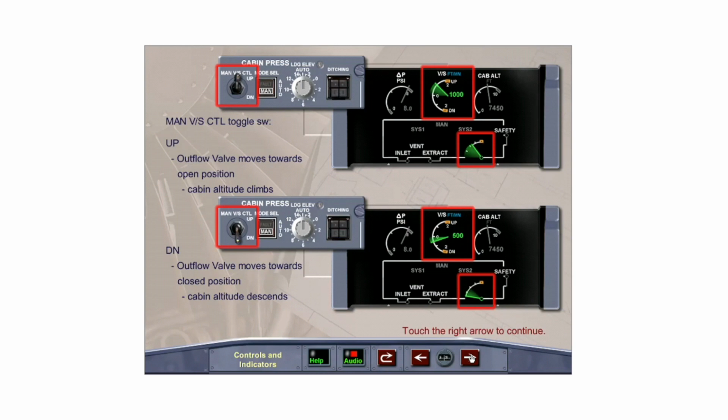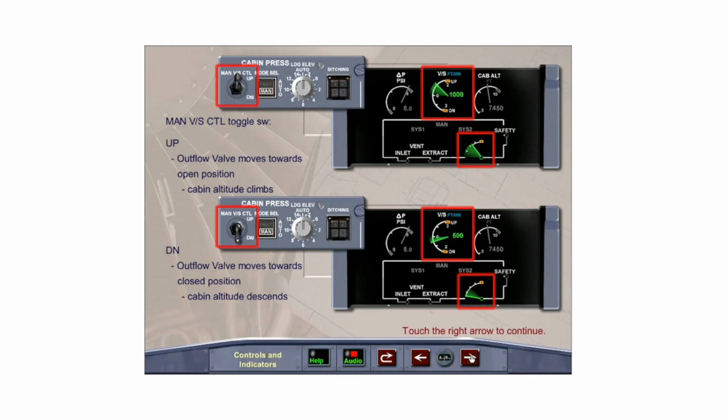The manual vertical speed control toggle switch, spring-loaded to the neutral position, controls the position of the outflow valve using the manual electric motor. With the Mode Select push-button switch in the manual position, moving the toggle switch to the up position will move the outflow valve towards the open position, causing the cabin altitude to climb. Moving the toggle switch to the down position moves the outflow valve towards the closed position, causing the cabin altitude to descend.